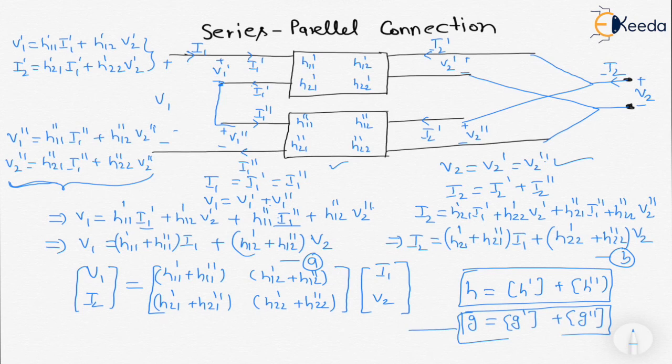This is applicable when we have the parallel series connection, the opposite of the hybrid connection. So here it is all about the series parallel connection and parallel series connection.